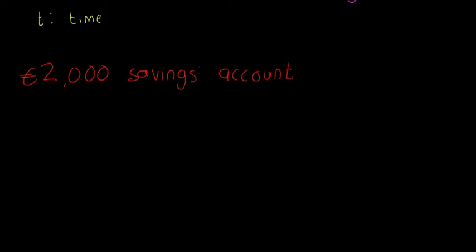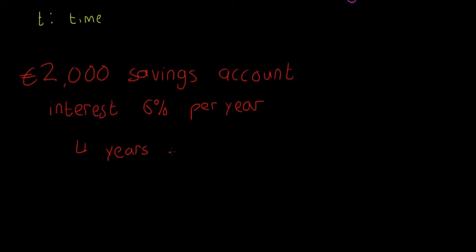So I'll scroll down, and our question is: we have 2,000 euro in our savings account, with an interest rate of 6% per year, and you keep your money in the savings account for 4 years. How much do you have at the end, in euro?